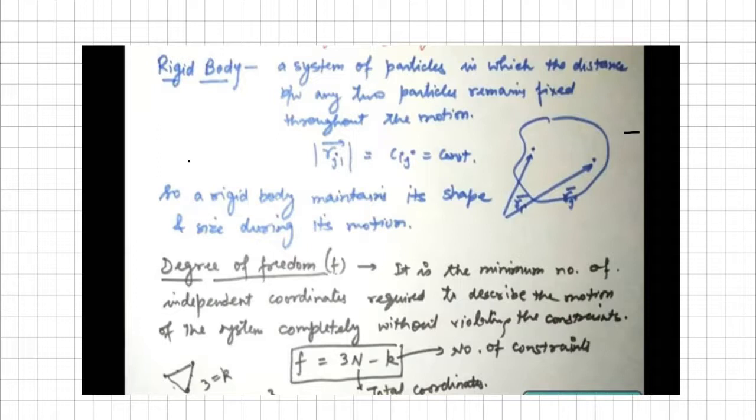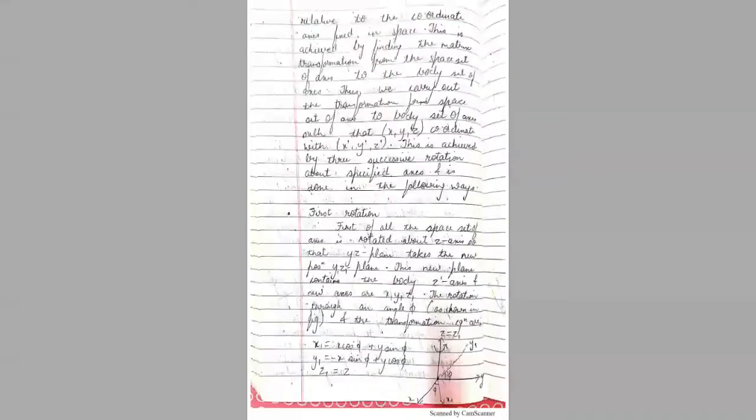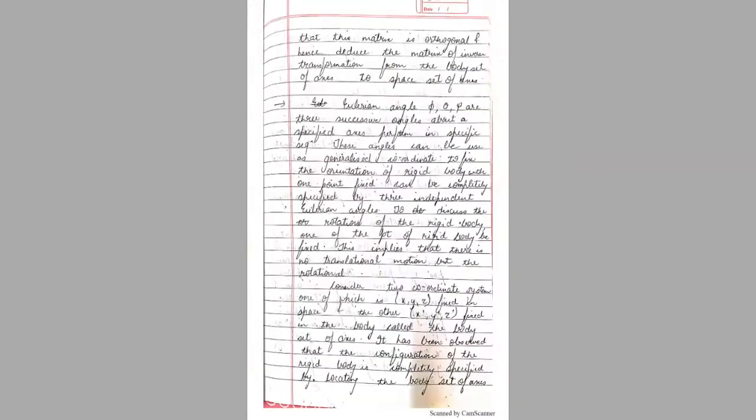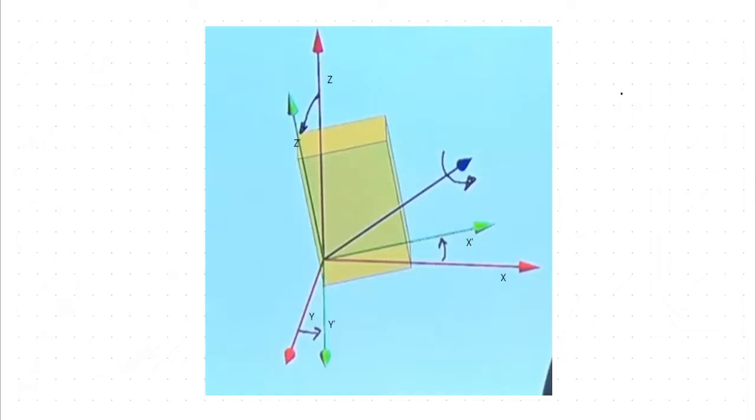Fine. So now in our study we are studying rotation. That's why in the last lecture I explained rotation in two dimensions, because in this lecture we will use all the concepts we studied yesterday. Before proceeding, we are studying the motion of a rigid body with a point fixed.